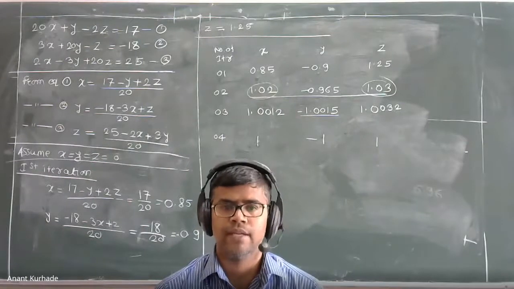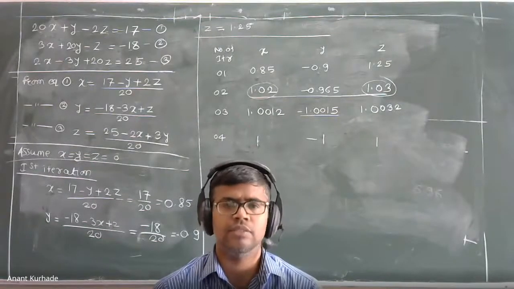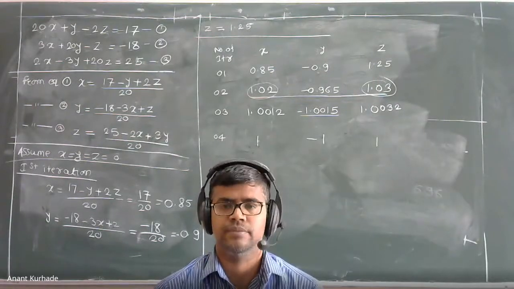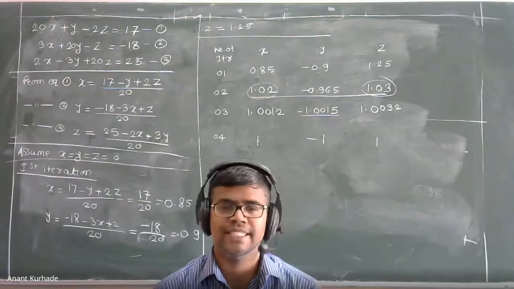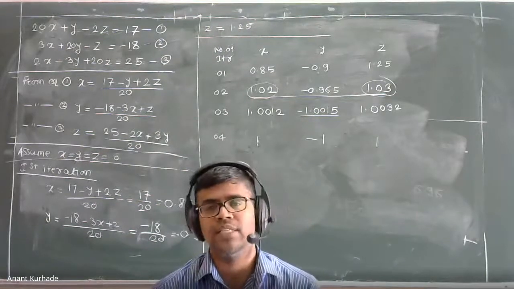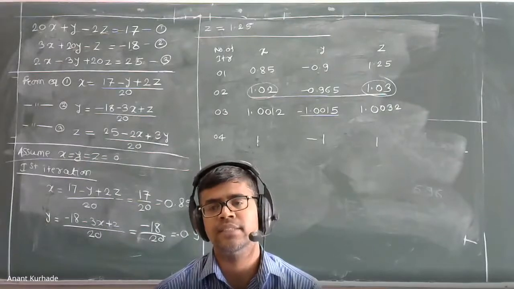Now, anyone please tell me when the Gauss elimination method fails, that is, when you cannot solve the given set of equations by using the Gauss elimination method. You already know this answer. If you know partial pivoting, then you can easily write it.